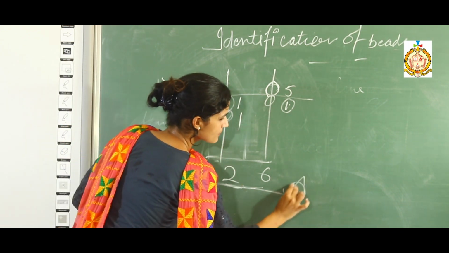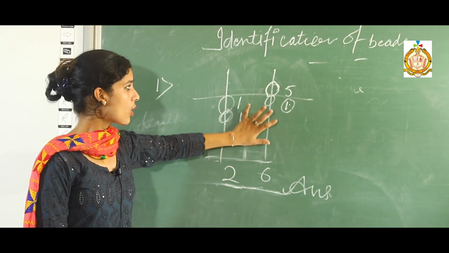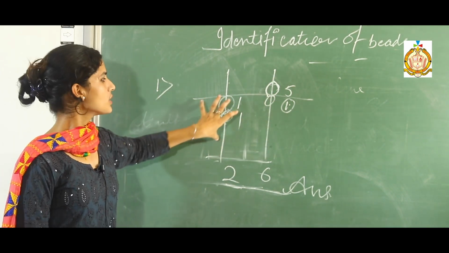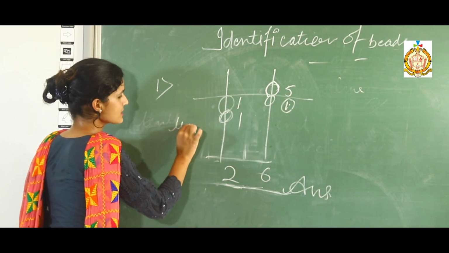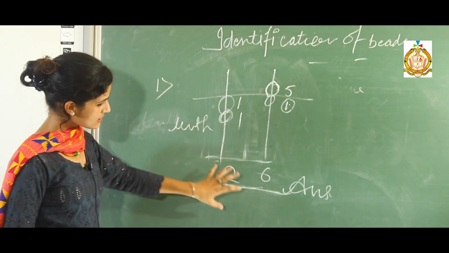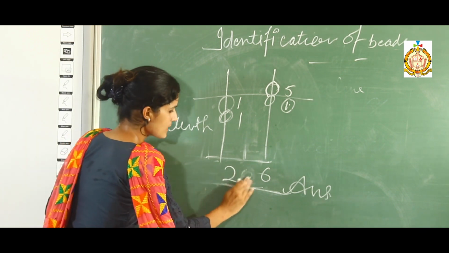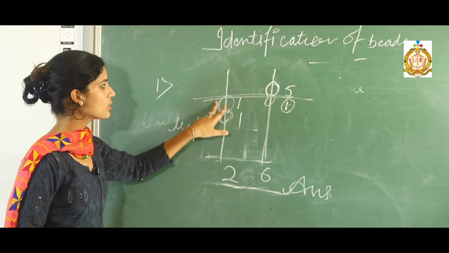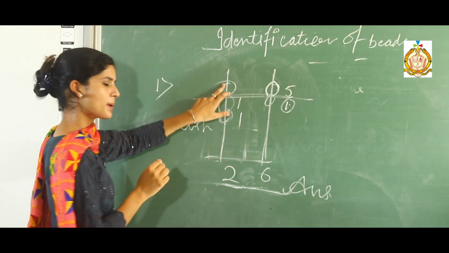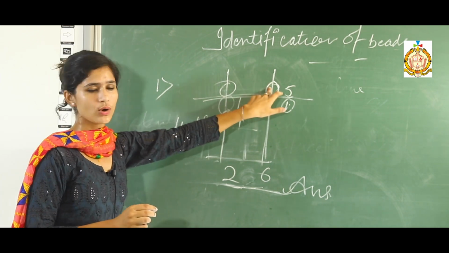Your answer is 26. So in these sums, always each rod carries unit places. No need of adding this tens place. Yes, this is showing tens place, but when you find out the sum, you will get confused. You will write here 20. That is a wrong sum. So always remember that these are all rods having the unit places. So count like units. This second rod upper bead value is also 5. 5, 6, 7. Like that. This rod also has a 5 value, 6, 7.